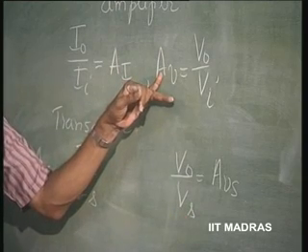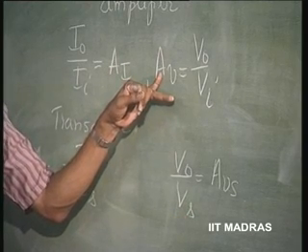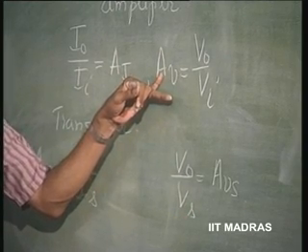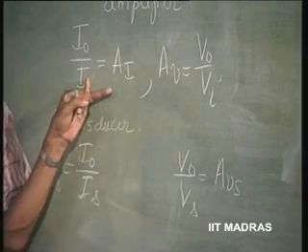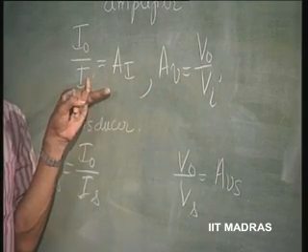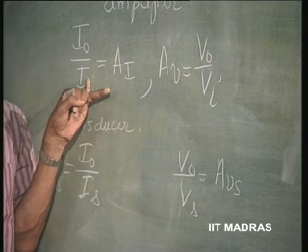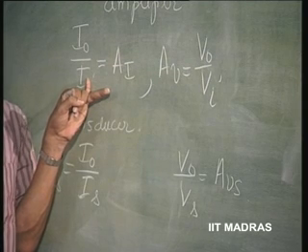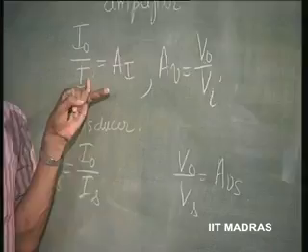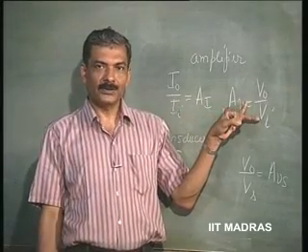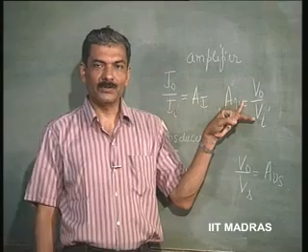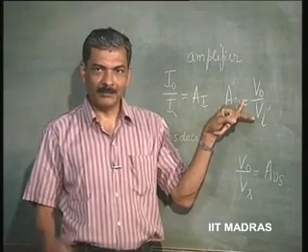Here we are ignoring the effect of the source impedances. In this case, the source impedance is so high that most of the current goes into the amplifier. In this case, the source impedance is so low that most of the voltage comes across the input.